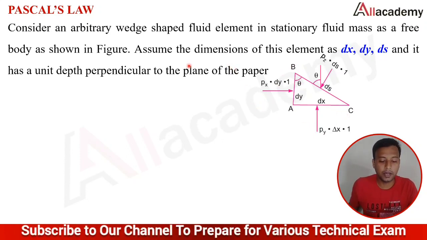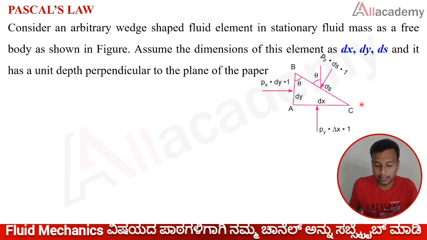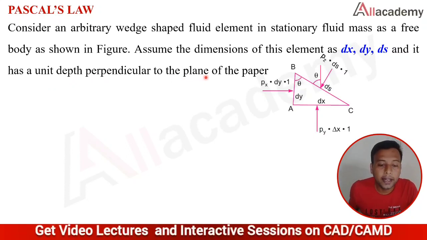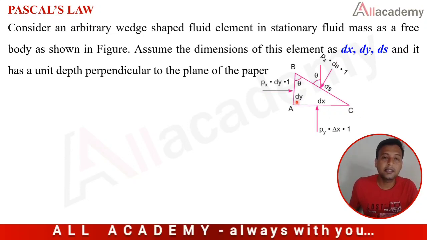Let us assume the dimensions, that is dx, dy and dz or ds. In some textbooks they have taken ds, dx, dz, and here I have taken ds, and it has a unit depth perpendicular to the plane of the paper. Along with these dimensions it has some depth, that is a unit depth. So unit means 1.